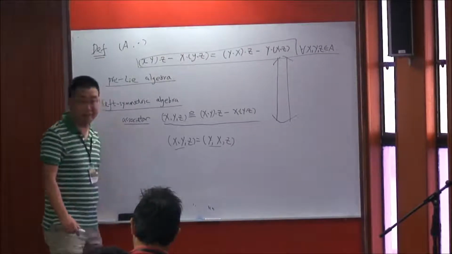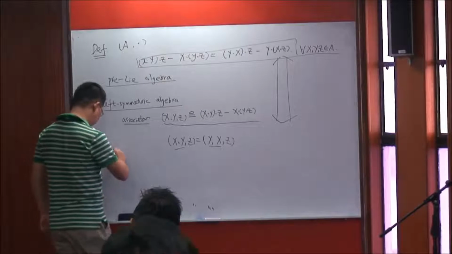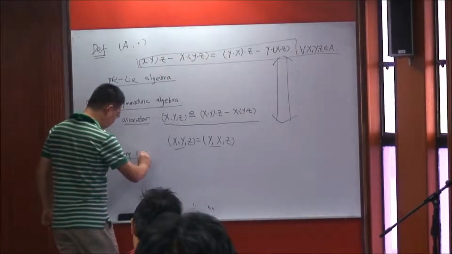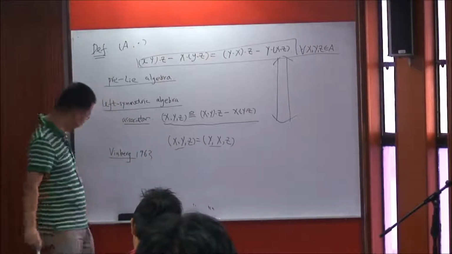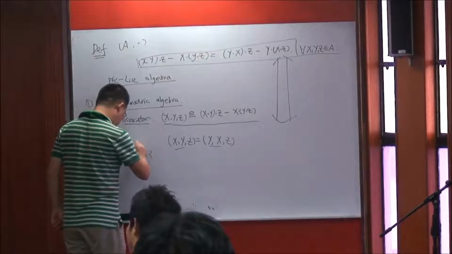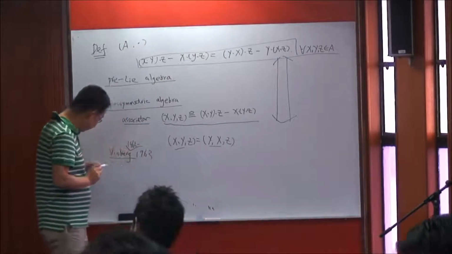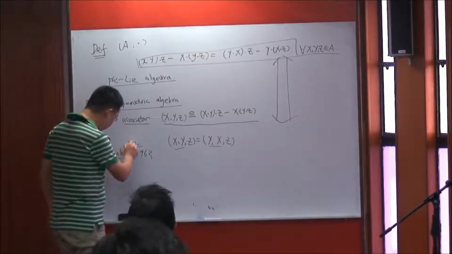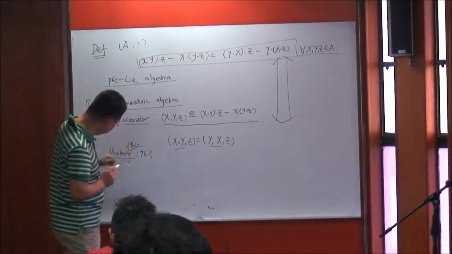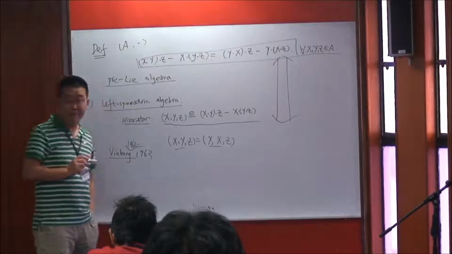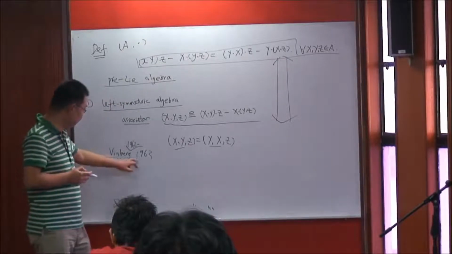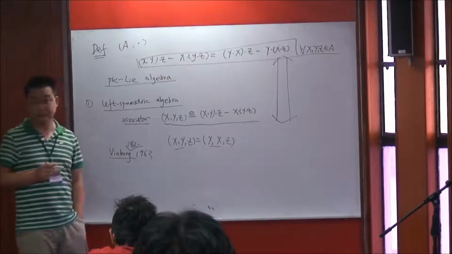This notion is given by Vinberg from geometry around 1962 or 1963. I think his paper was published in Russia in 1962, but we found the English translation by the American Mathematical Society in 1963.